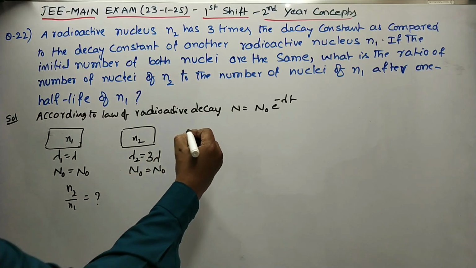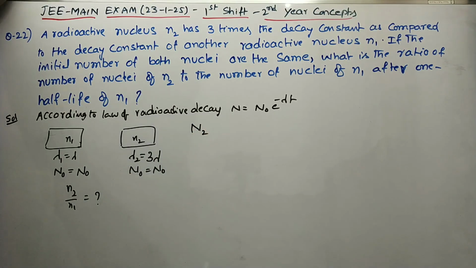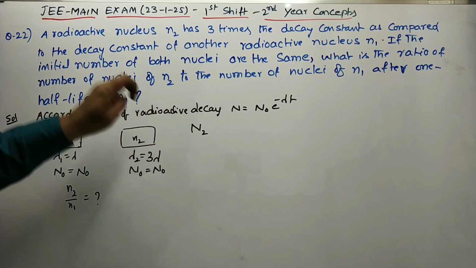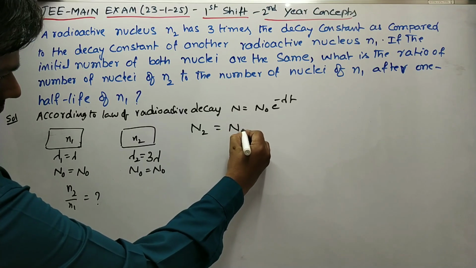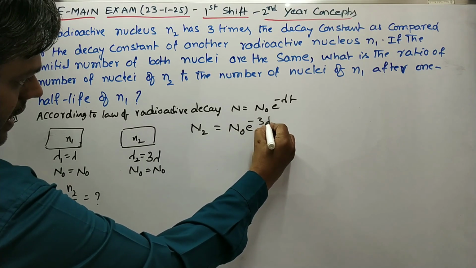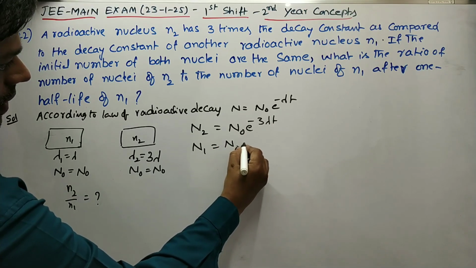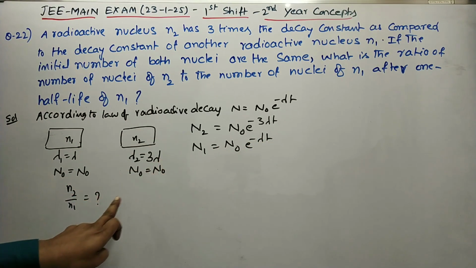From the radioactive decay law, the number of radioactive nuclei present after 1 half life period is N2 equals N0 into e power minus 3 lambda t. Similarly, N1 is equal to N0 into e power minus lambda t. Now we can take N2 by N1.